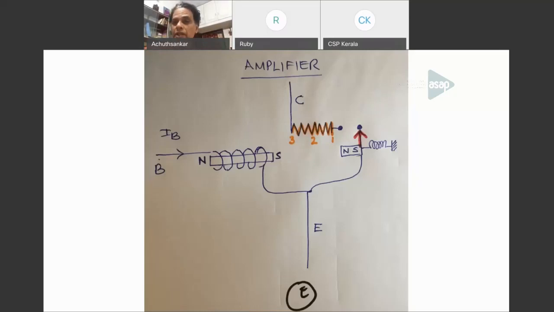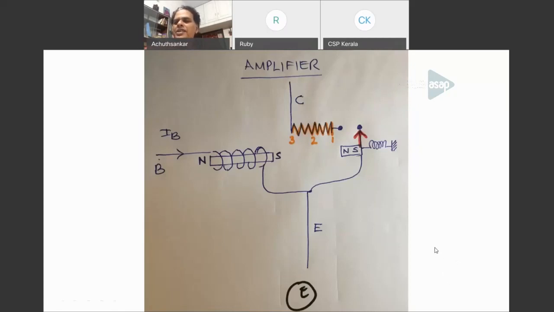Now before I do that, let us for a moment ask: suppose I send a current, the current IB, as you see in the picture, flowing into the transistor. Suppose I reverse the direction between the base and the emitter. I connect a battery and a variable resistor and reverse the direction of the battery so that the current IB reverses.